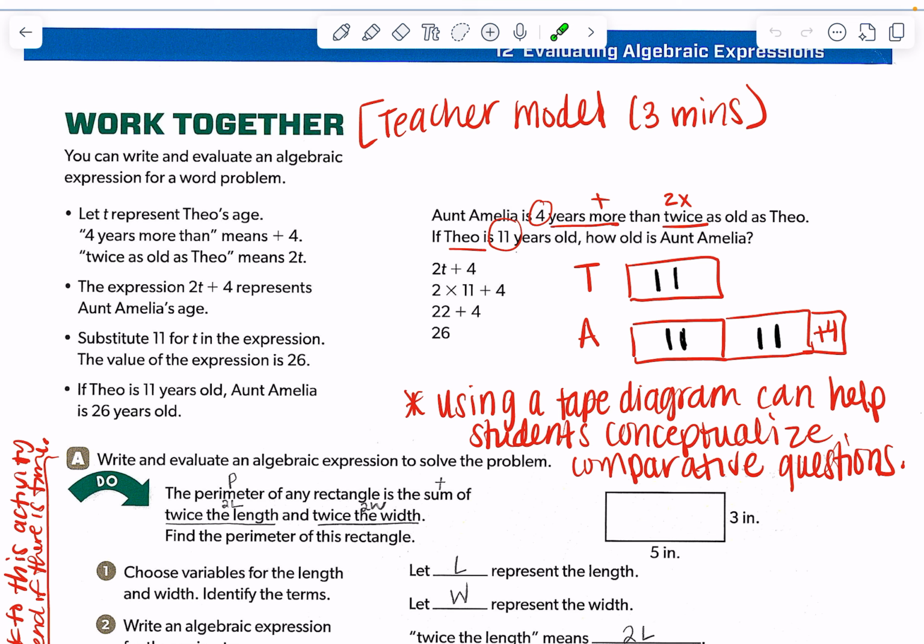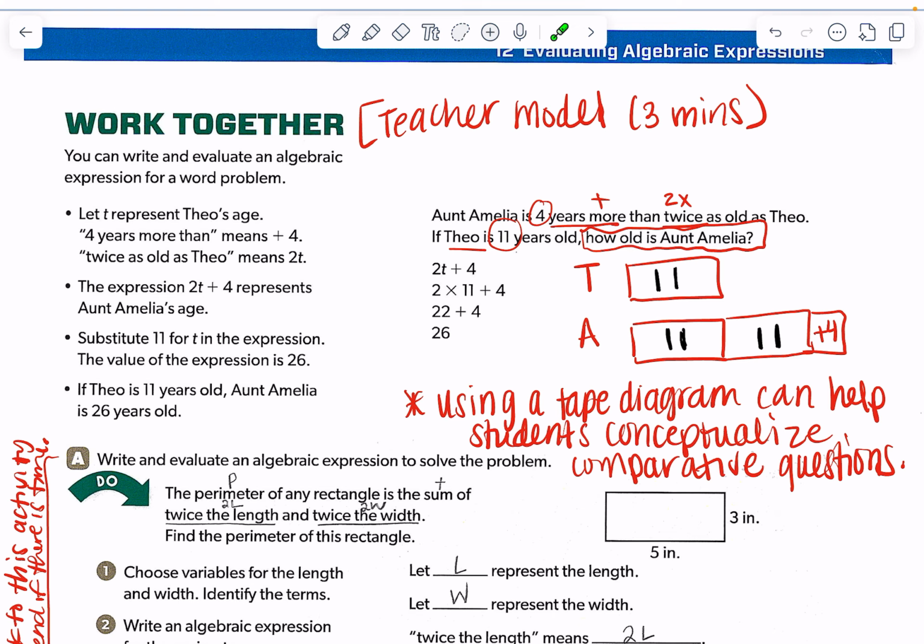So it says Aunt Amelia is 4 years more than twice as old as Theo. If Theo is 11 years old, how old is Aunt Amelia? Please notice that I am using the Read, Draw, Write process to help me solve this word problem.